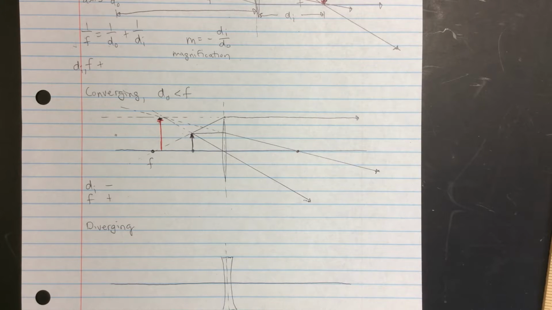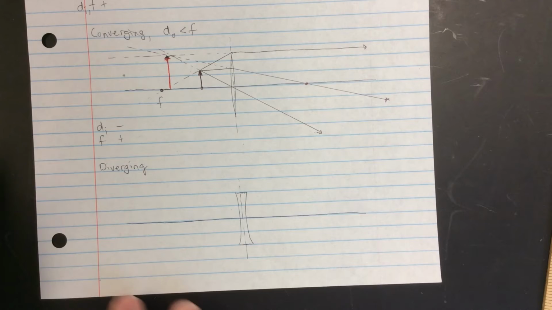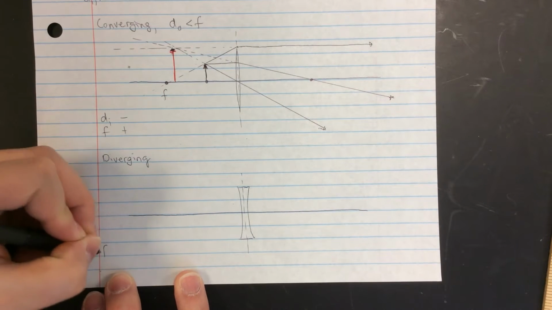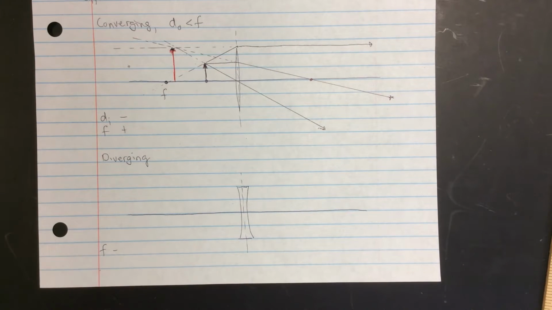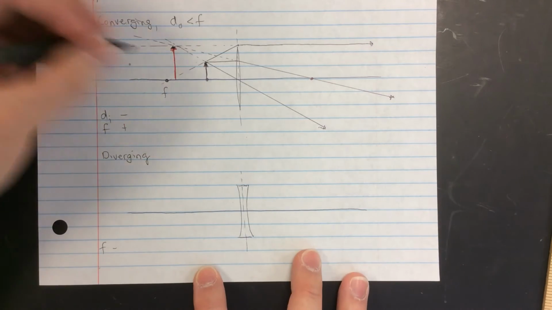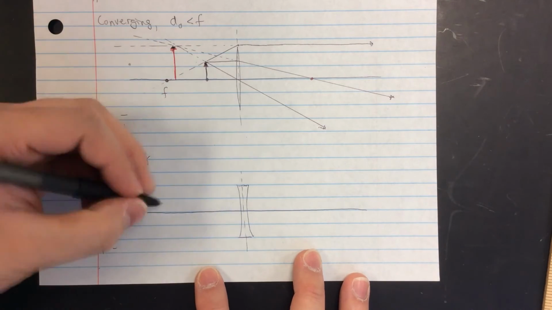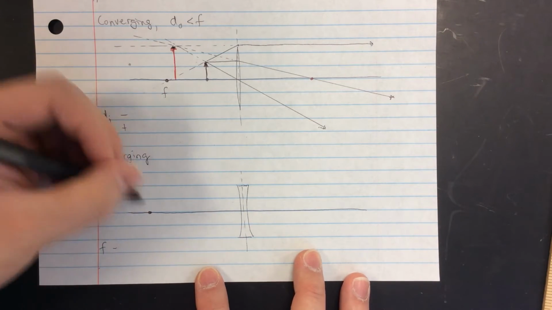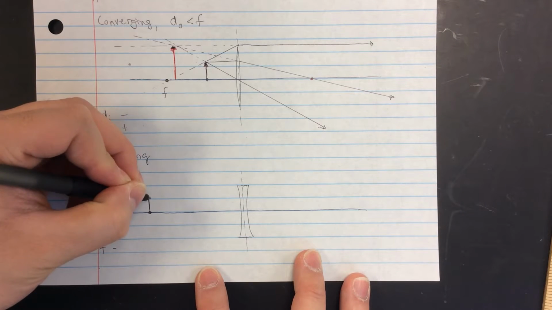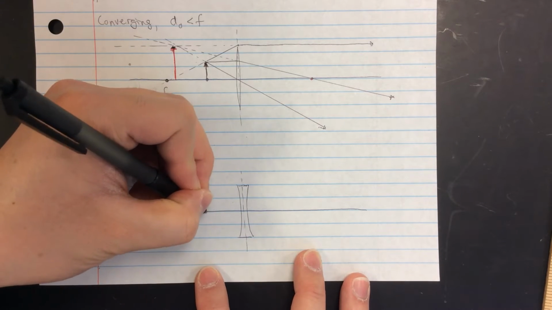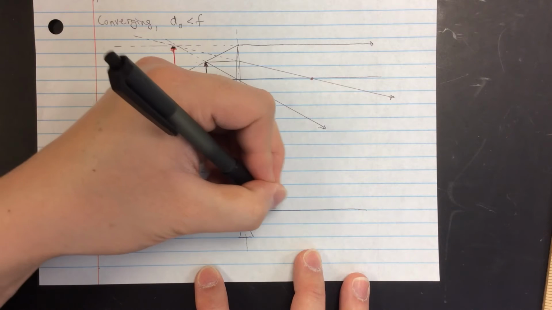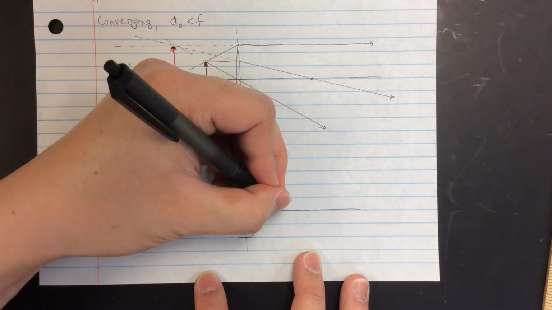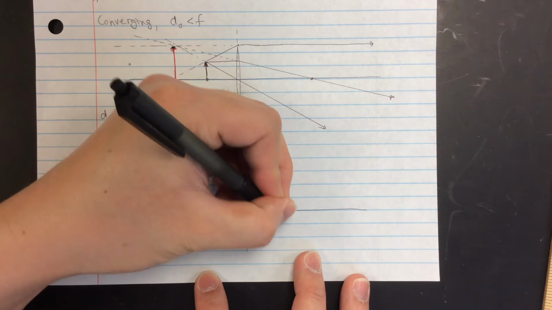So when we look at a diverging lens, our focal point is negative. What that means is, let's say I have an object over here. Draw my arrow. And let's say the focal length is right here, and the mirror of it, I'm just eyeballing over here.